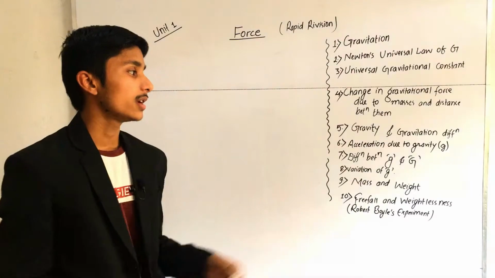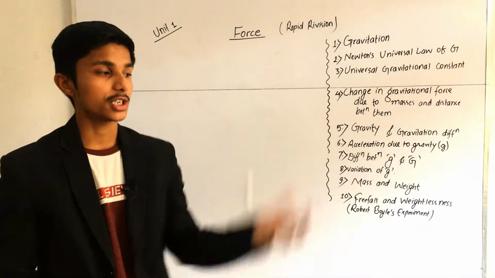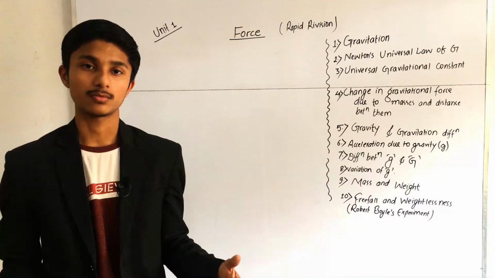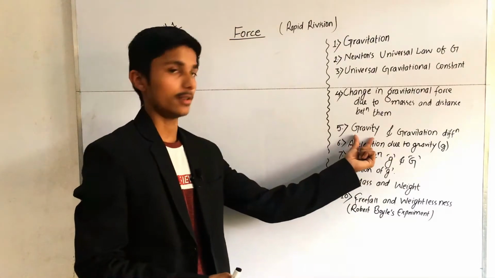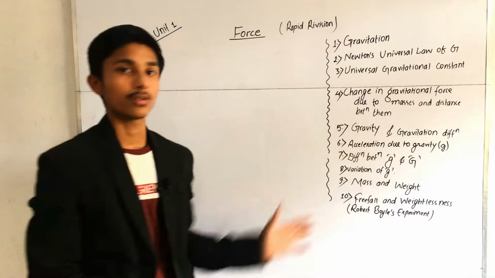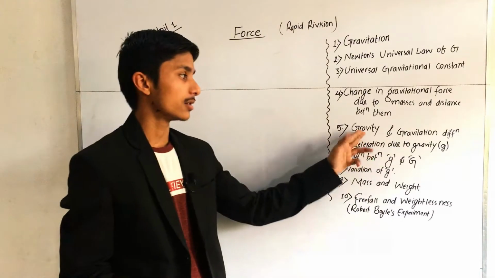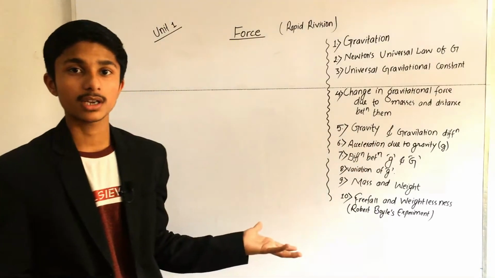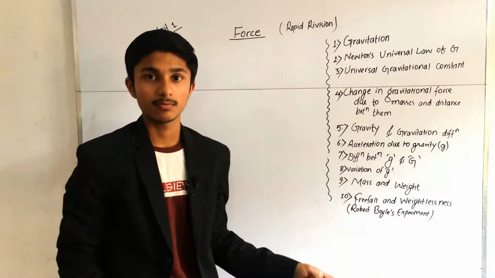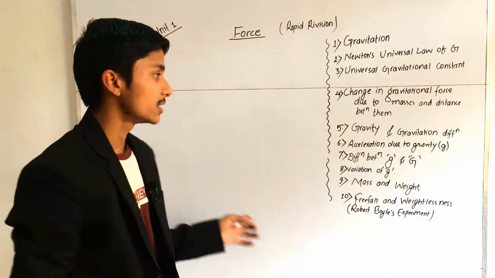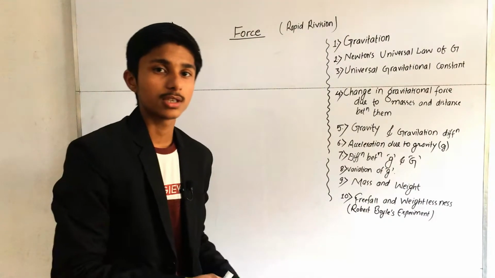Similarly, when we lift any object, then it falls down. It falls down due to the force that is gravity. Gravity means what? It is the force of attraction, the force of heavenly bodies with which they attract any other bodies towards the center.